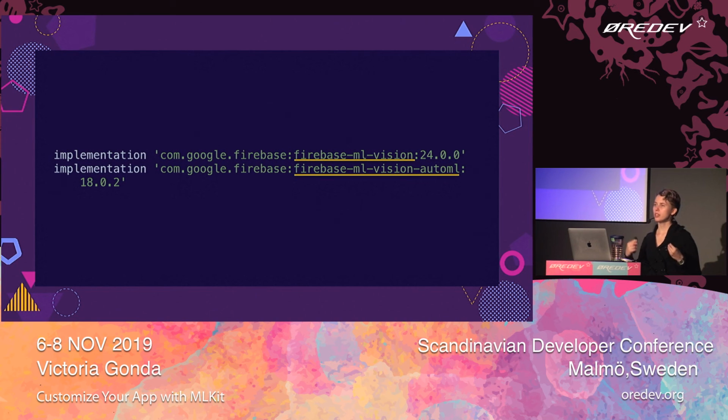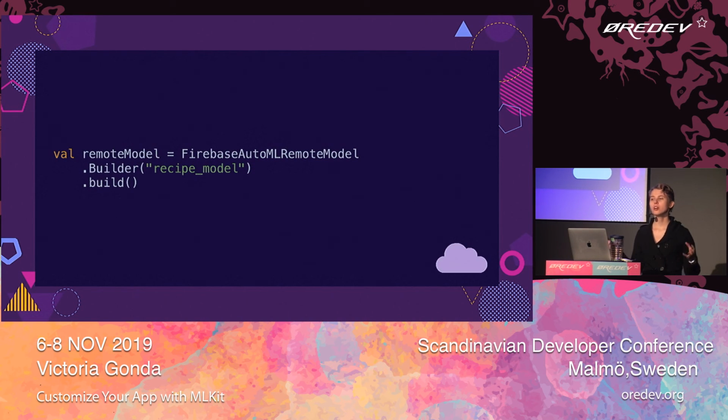Having it remote and downloading it on demand also means that you can update the model on the server without having to release new app updates. And we'll show both options here, how to do it, downloading it on demand or bundling it with your app.